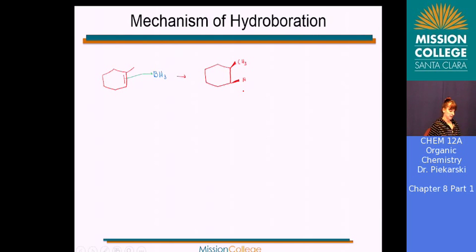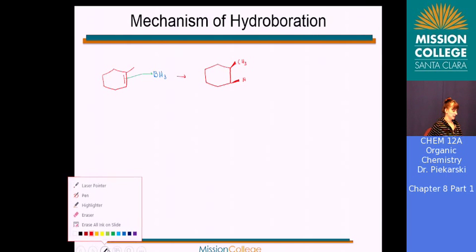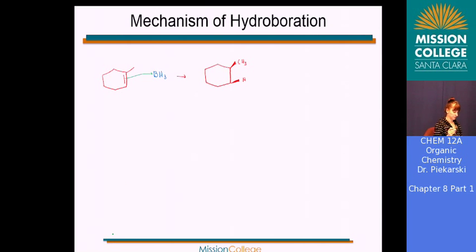So I have that. And I have to make the bonds a little bit longer so you can see it. The BH2, remember there was a BH2 on one side, right? It's pretty big, right? So where do you think it wants to add?